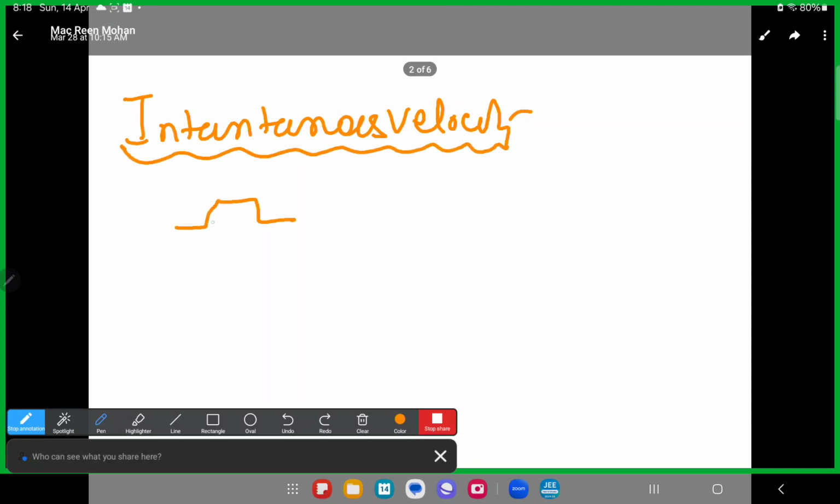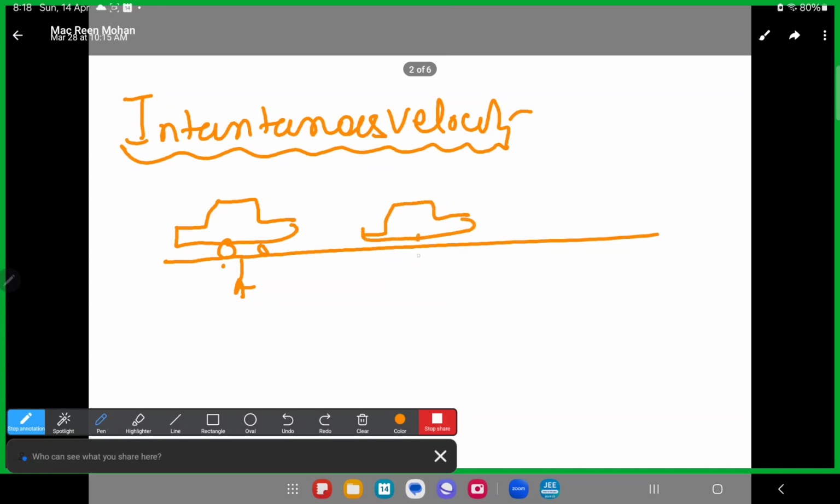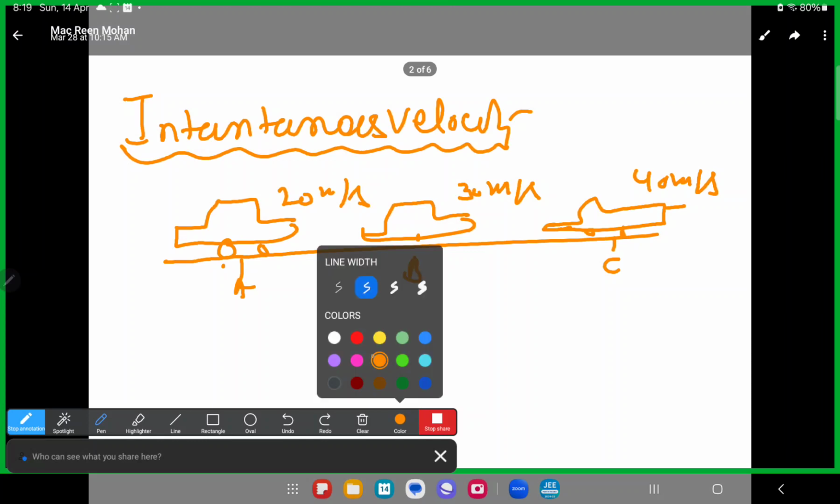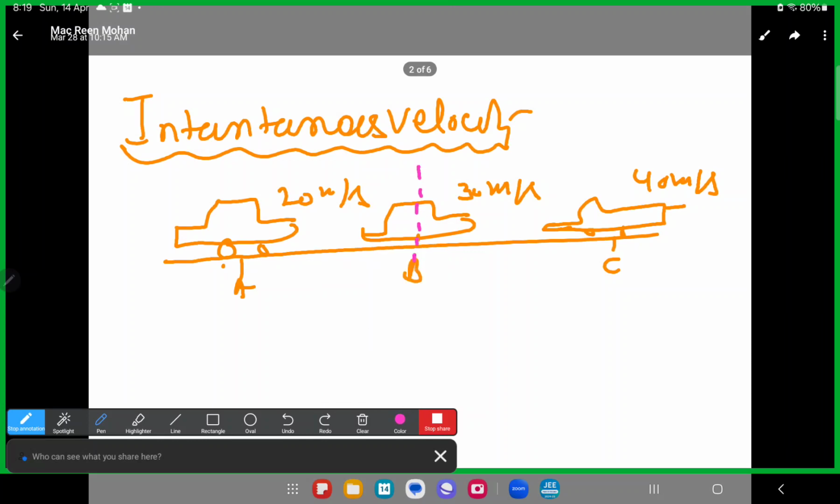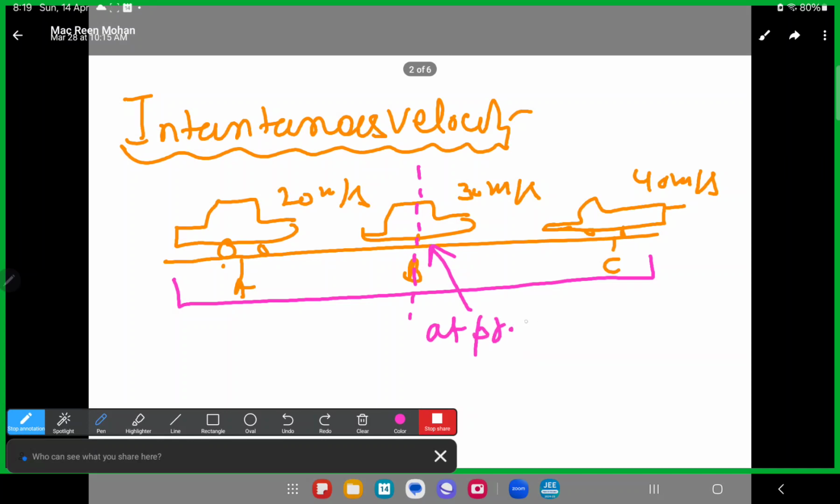Let's say once again taking the same example, the person is starting at A, that is B, and that is C. Here it was 20 meter per second, 30 meter per second, and 40 meter per second. Now you have to express the velocity not during the course of the whole journey, but at a particular point. Let's say at point B. So this is very particular.